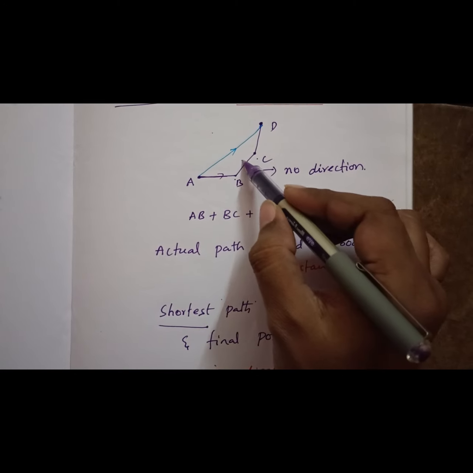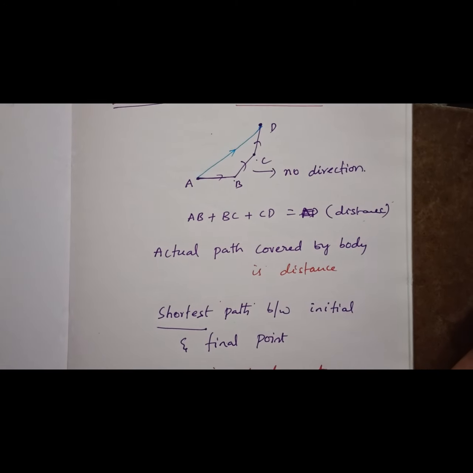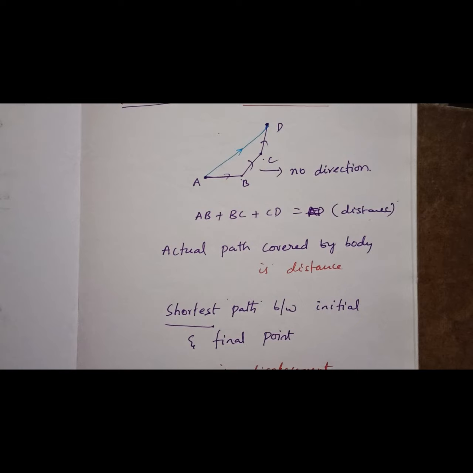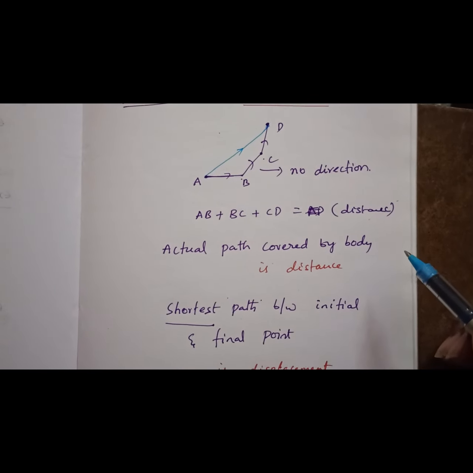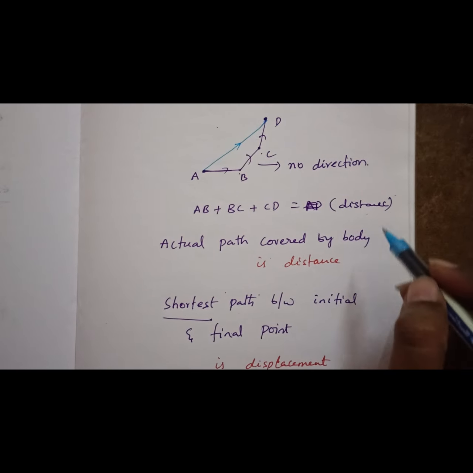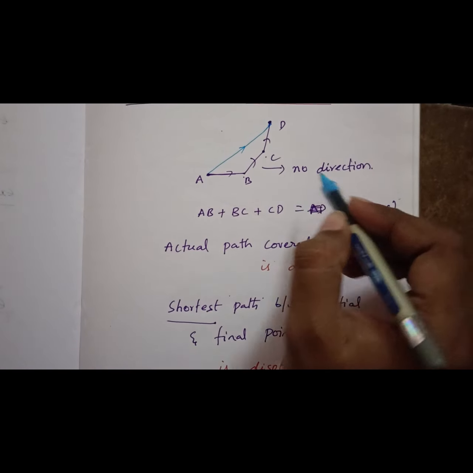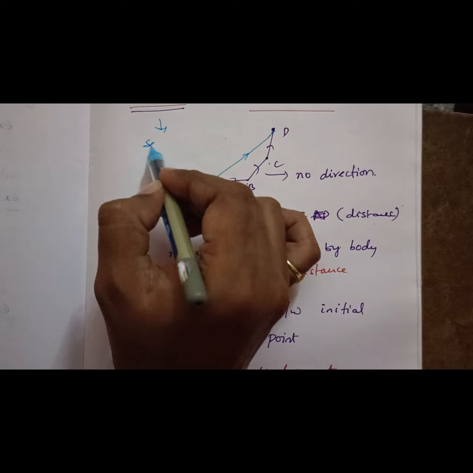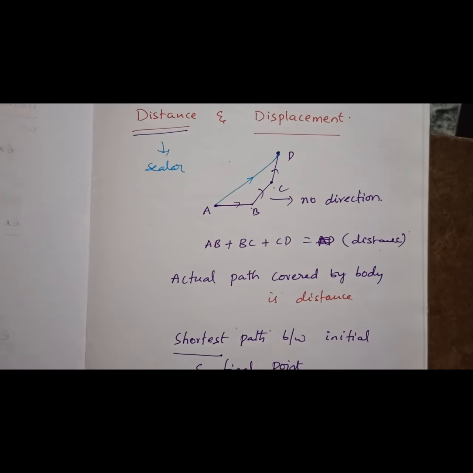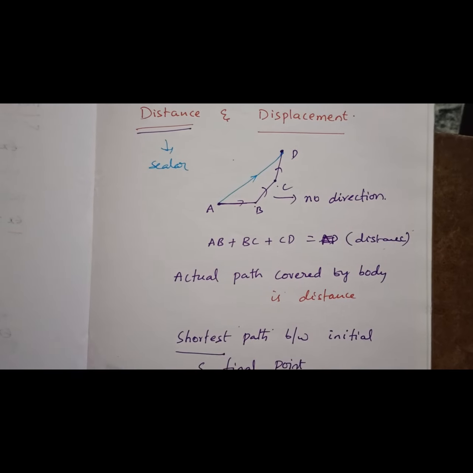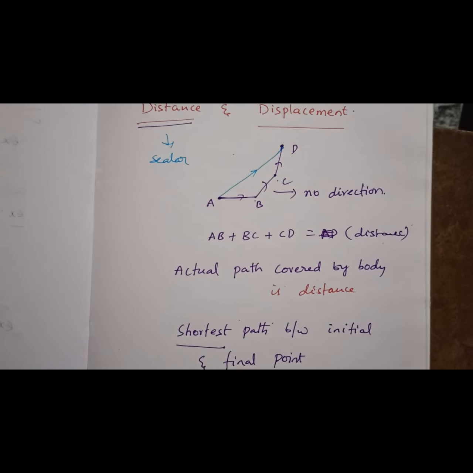Its direction is continuously changing. So we can't consider it as a particular direction. That's why distance is a scalar quantity. It has only magnitude, no direction.